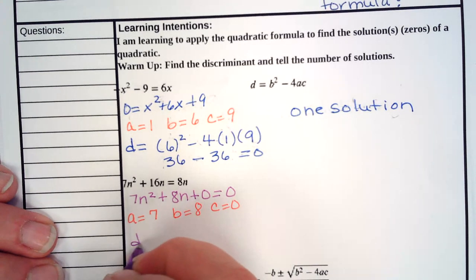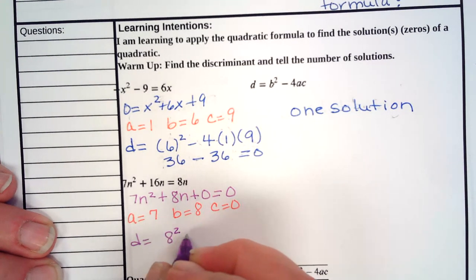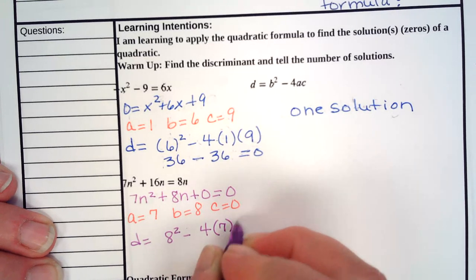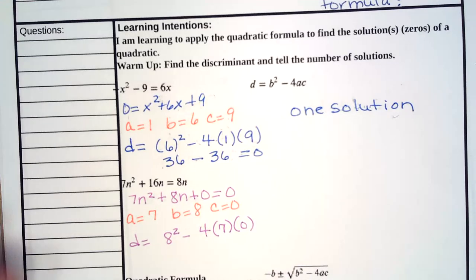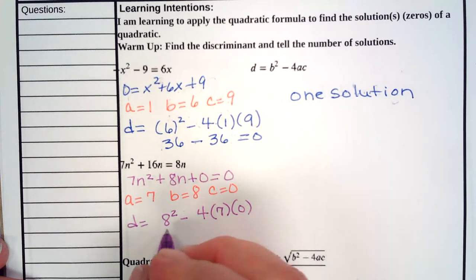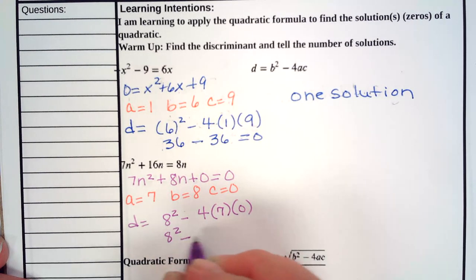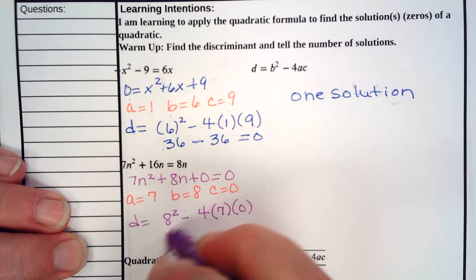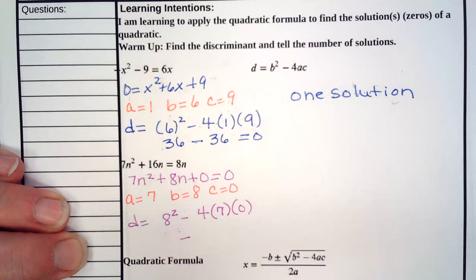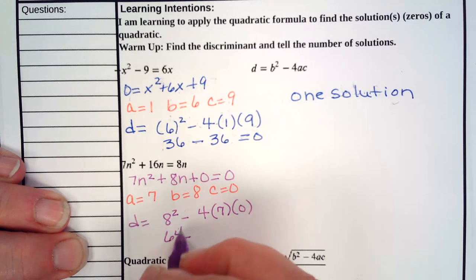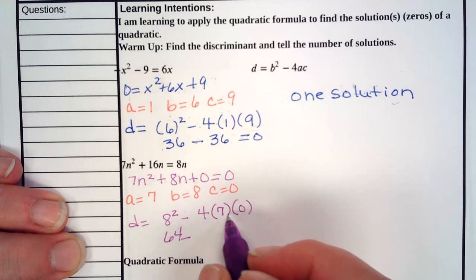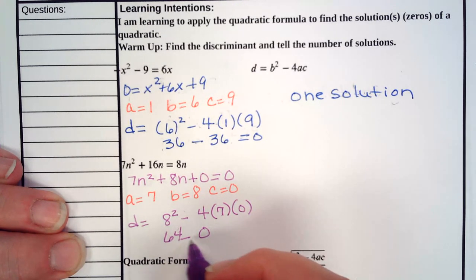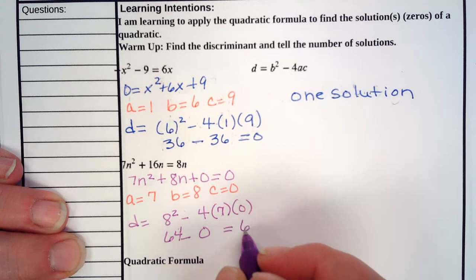My discriminant, 8 squared minus 4 times 7 times 0. 8 squared would be 64. 4 times 7 is 28 times 0 is 0. 64 minus 0 is equal to 64.